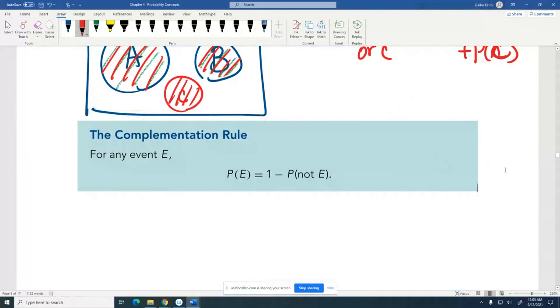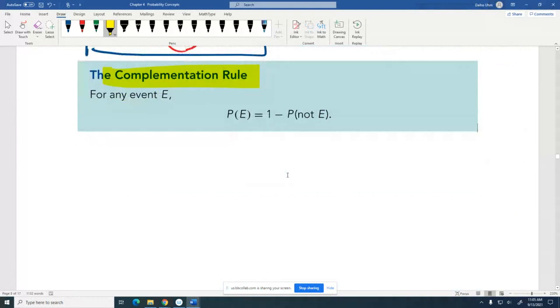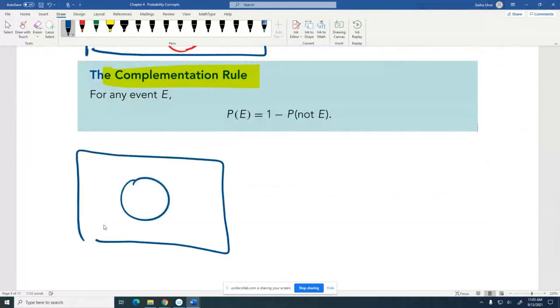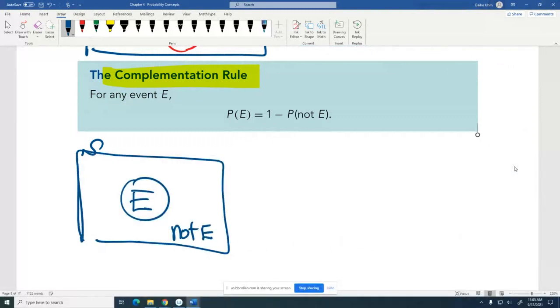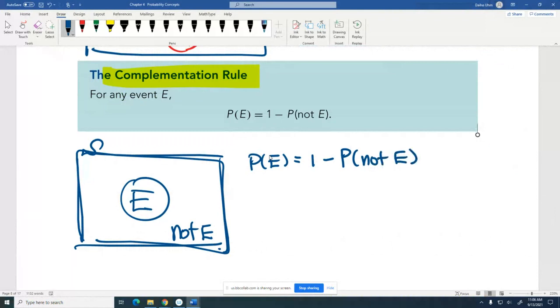Now here is another rule. It's the complementation rule, but we already applied it. When I have an event E inside, and the rectangle is the sample space, then the outside is not E. If I want to know the probability inside, it will be 1 minus the probability of not E. It is the complementation rule.